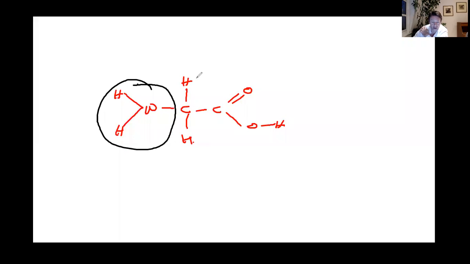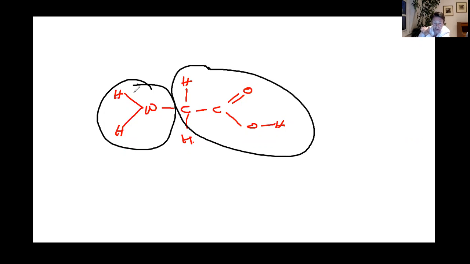You're left with a 2-carbon compound, and that will then enter the link reaction. Well, sorry, enter the Krebs cycle, because you've made a 2-carbon compound.